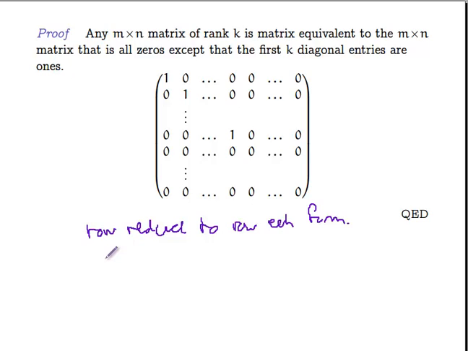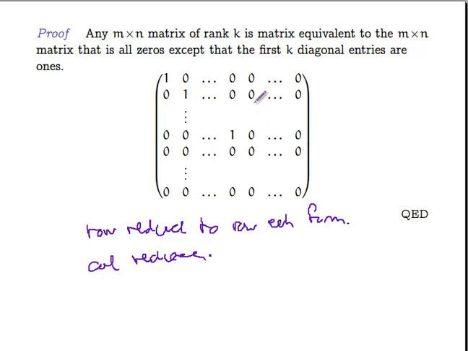Okay, but then you can column reduce. When you column reduce, you can eliminate those columns that have non-zero entries because you add multiples of the columns that have just ones in them.